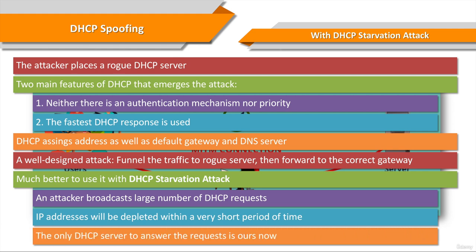Now, once the available number of IP addresses in the DHCP server is depleted, network attackers can then set up a rogue DHCP server and respond to new DHCP requests from the network DHCP clients. By setting up a rogue DHCP server, the attacker can now launch a whole DHCP spoofing attack.